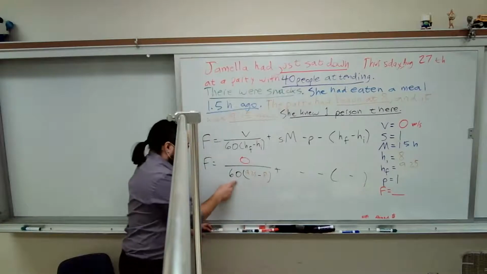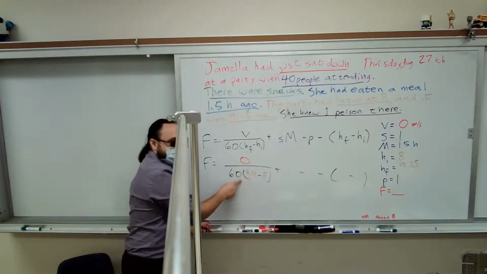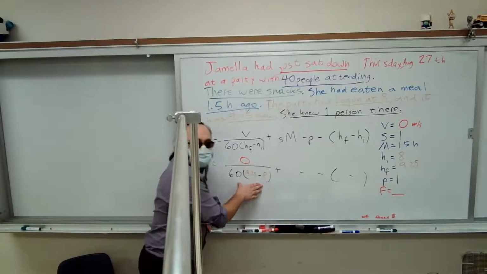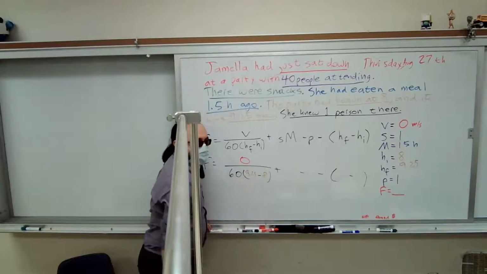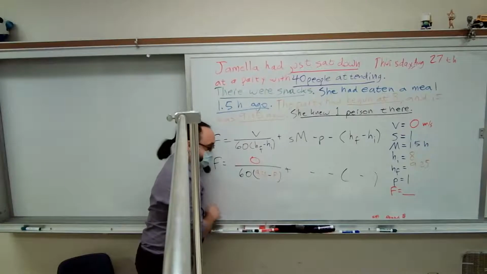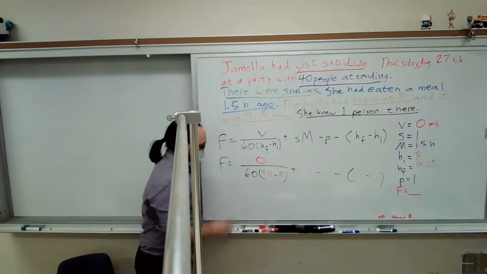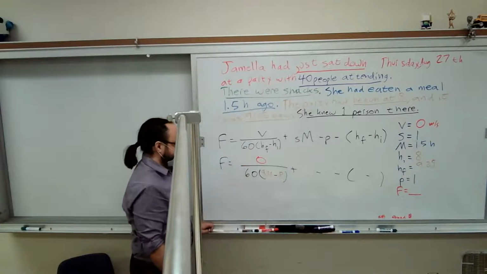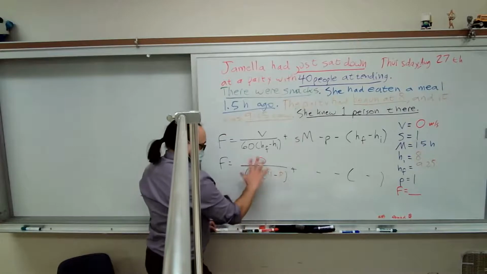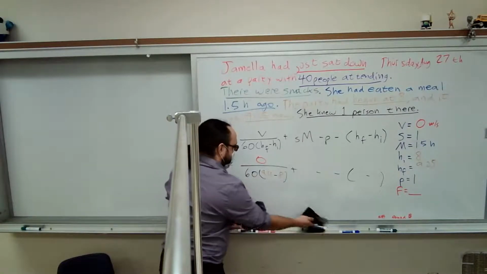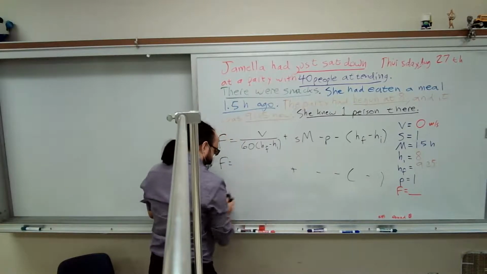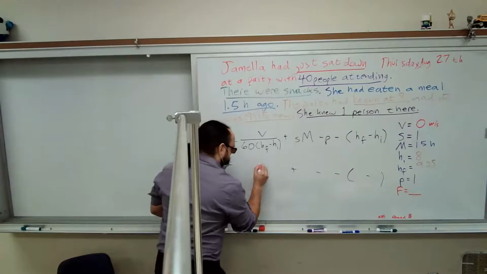If you multiply that number by 60, you would get another number. If you say 0 divided by whatever number that is, you will get 0. So we don't need to do any of this. Some of our formulas in physics actually will be like this, where the first part of it will be 0, and we can just forget about the whole first part. So that's just going to be 0. I will erase it right now. Just make it 0, because 0 divided by whatever number that was going to be would be 0.